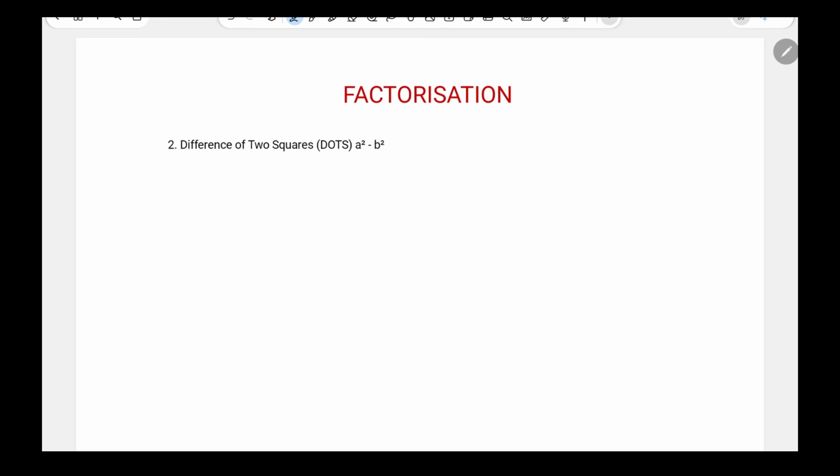Method number 2. If you have two terms and a minus sign, you are likely looking at the difference of two squares.